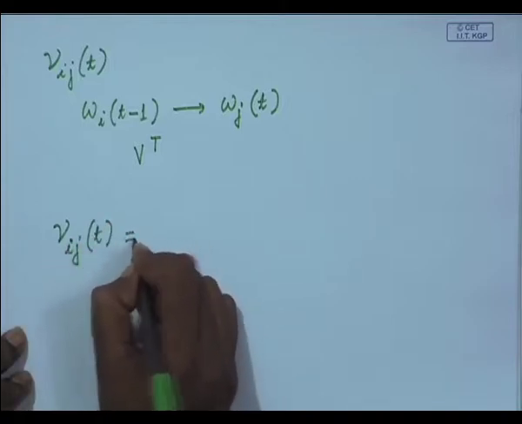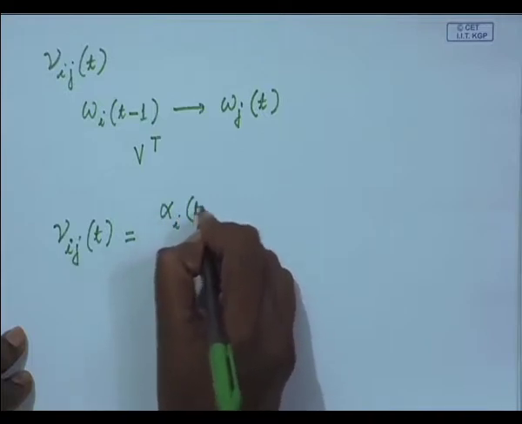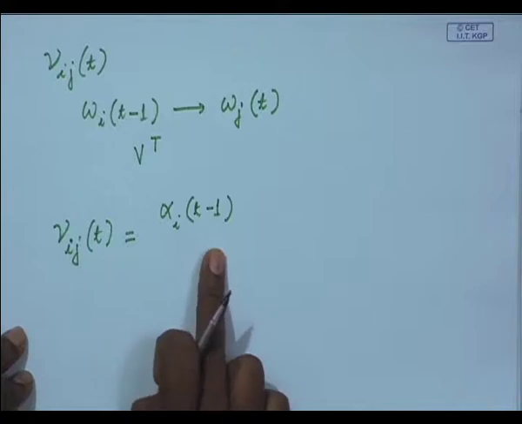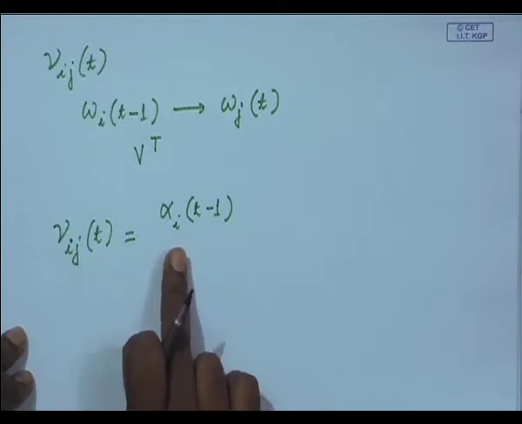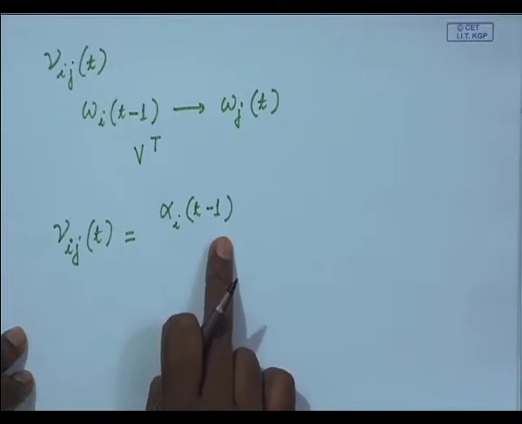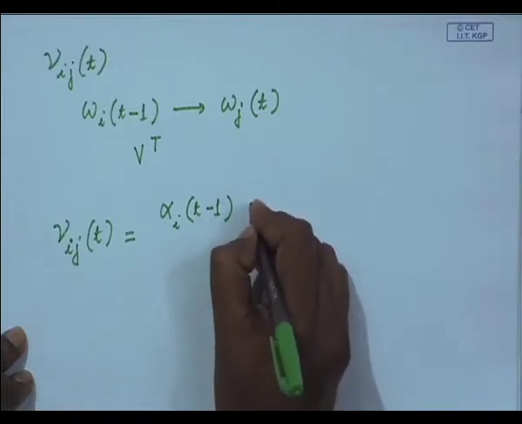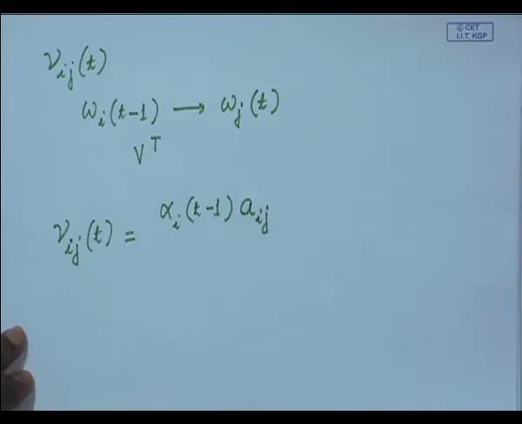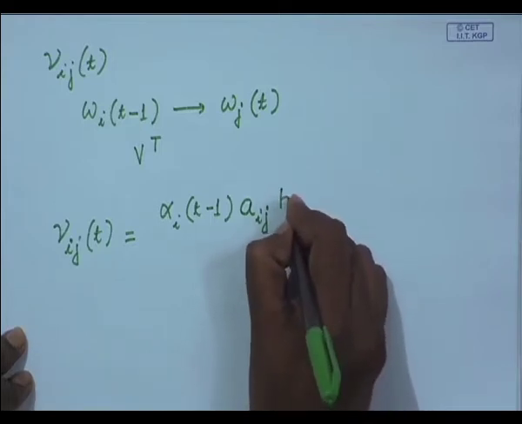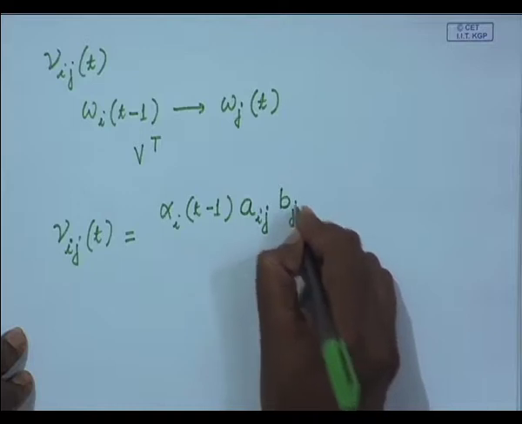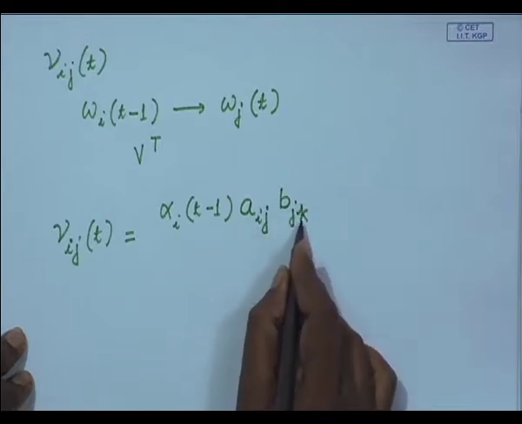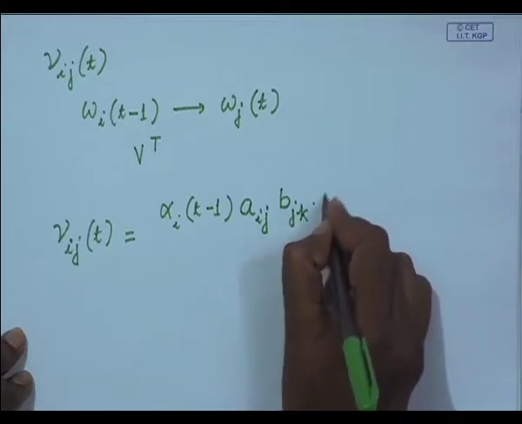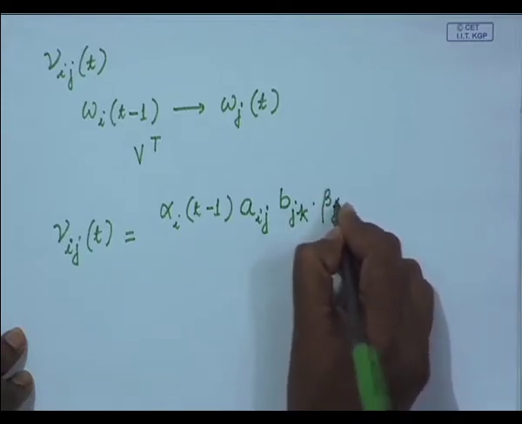So, what I can do is I can define this gamma i j t. This will be simply alpha i t minus 1, that is the probability that the machine will be in state omega i at time step t minus 1. It will make a transition to state omega j, so I have this transition probability a i j. It will emit a symbol V t, so that will be b j k, which will be effective only for the kth symbol emitted at time step t, which is equal to V k, times beta j t.